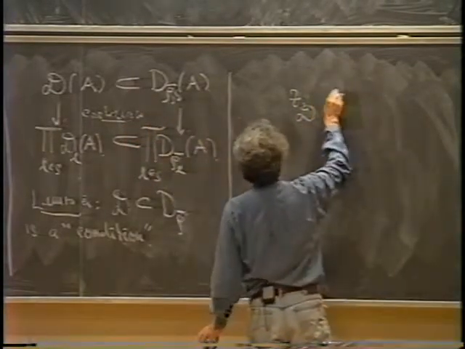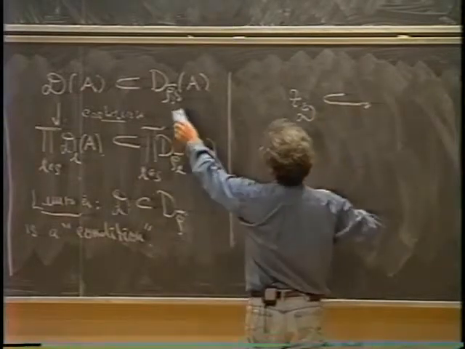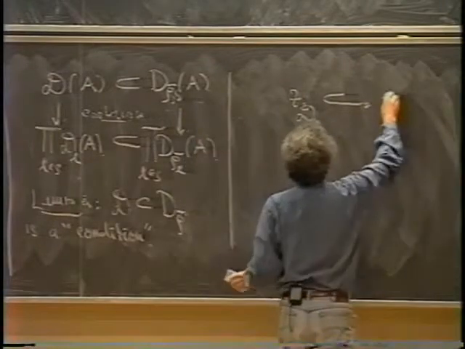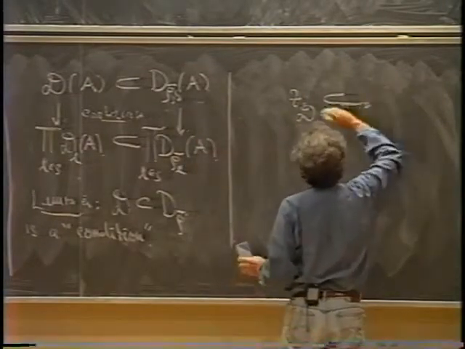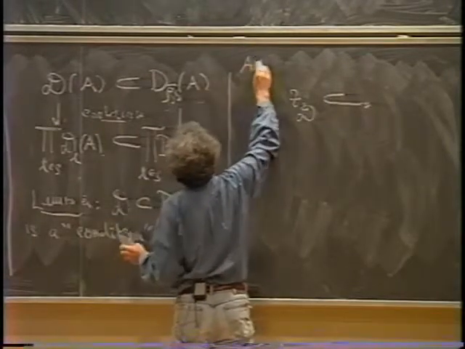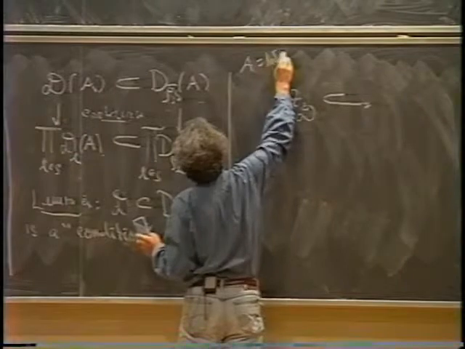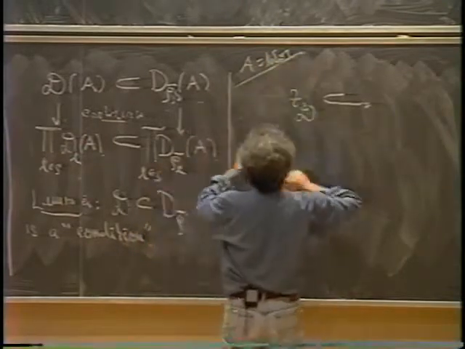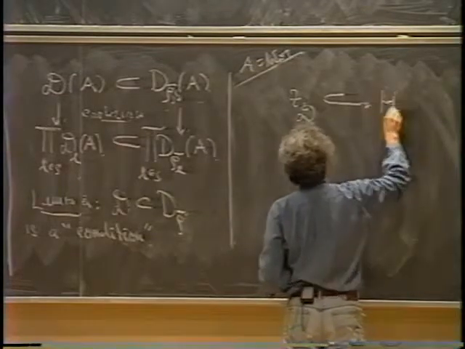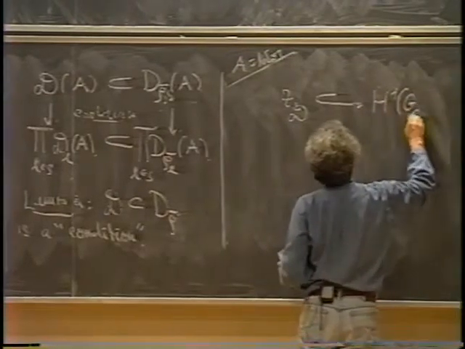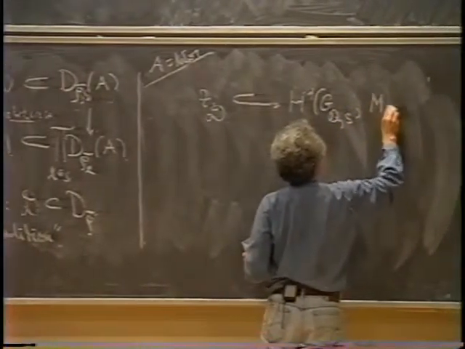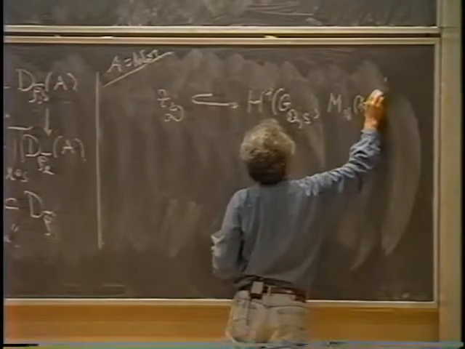That is to say, it is the subspace of the tangent space of rho bar subject to the condition delta. That is to say, if I apply this to this diagram with A equals k[epsilon], I simply read that this is contained in H1 of G_{Q,S} with coefficients in the traceless n by n matrices of k.